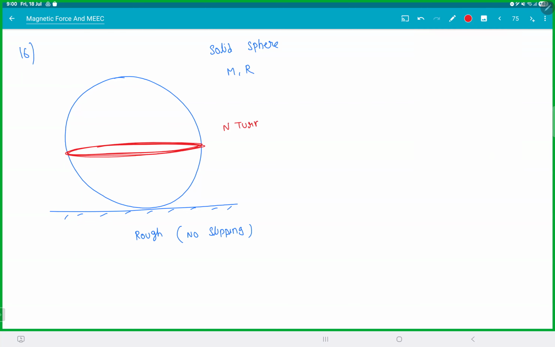So you have n turns along the equator, basically the diameter, with current I. So you can say mu bar will be like this.